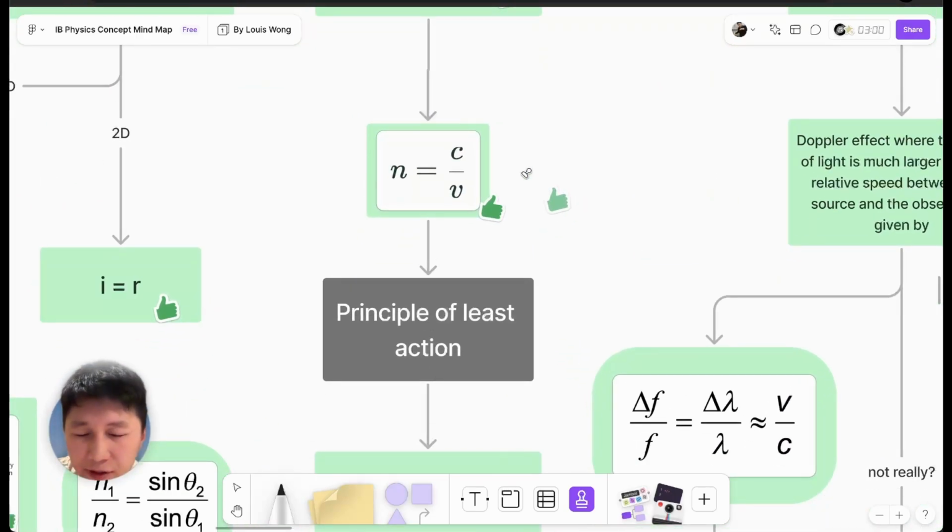This is defined as the speed of light in vacuum over the speed of light in that particular medium. For example, for water the refractive index is 1.33. So according to this, the light will travel slower in water.